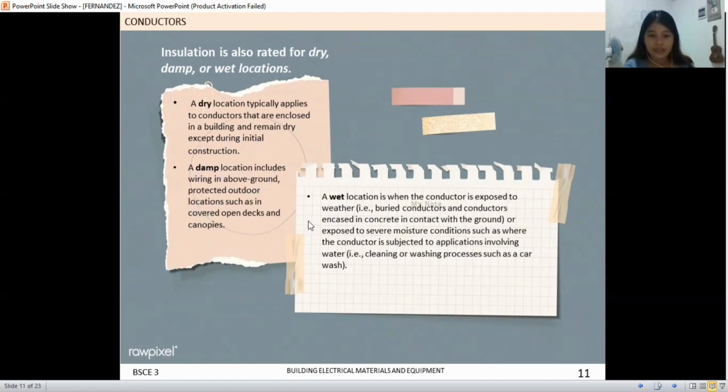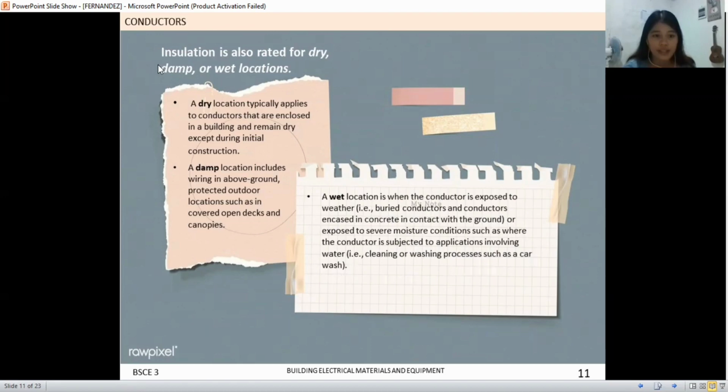A wet location is when the conductor is exposed to weather, buried conductors and conductors encased in concrete and in contact with the ground or exposed to severe moisture conditions such as where the conductor is subjected to applications involving water, cleaning or washing processes such as car wash.